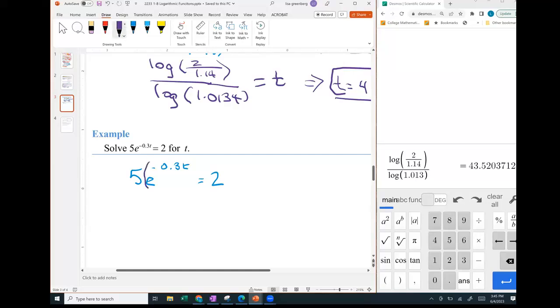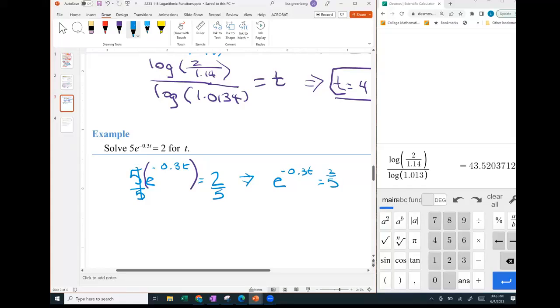So I want this by itself. That's my exponential function. To do that, what I need to do is divide both sides by 5. This will cancel, and I'll end up with e to the minus 0.3t equals 2/5.